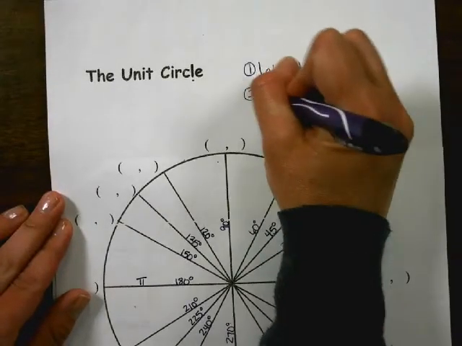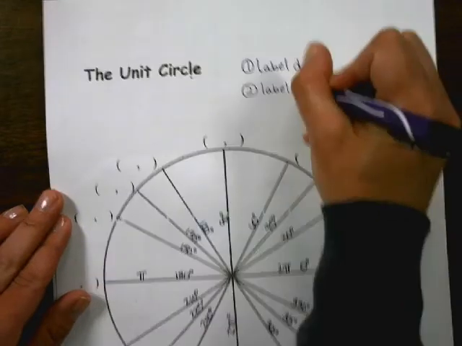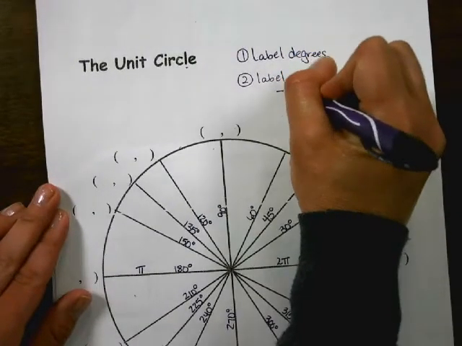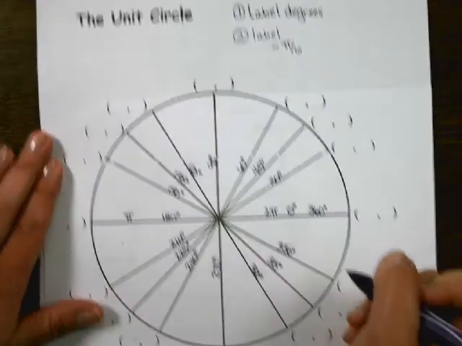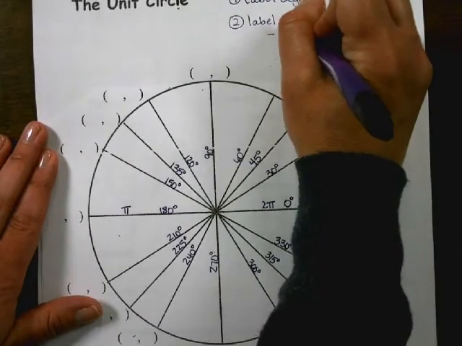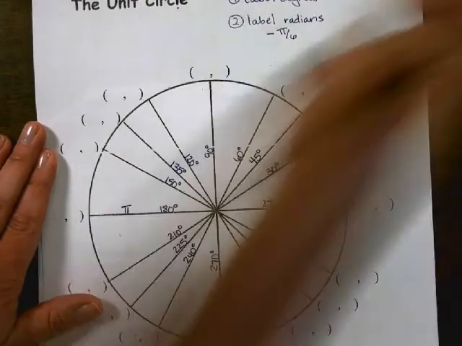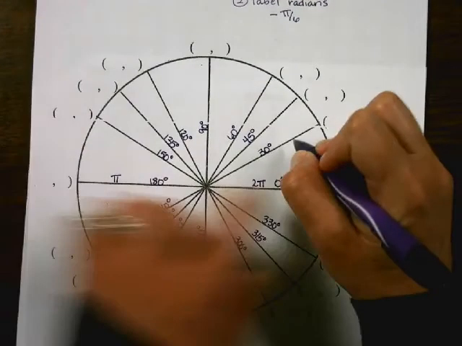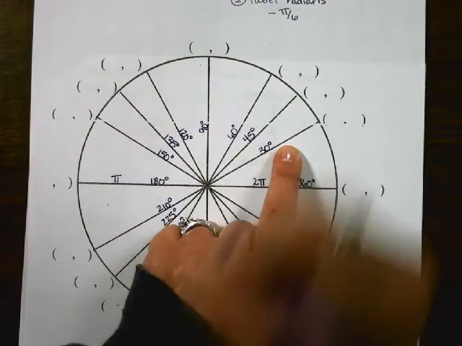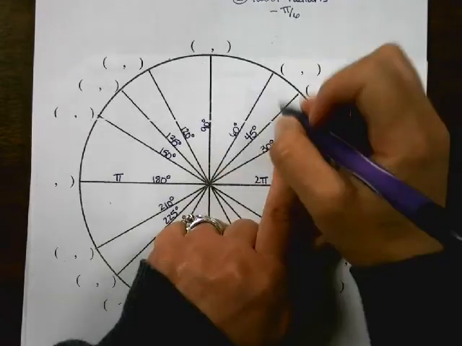So now we're going to label our radians. First, we're going to count by pi over 6. Again, just like the degrees, we're going to skip the 45. We are also going to get fractions, and when we do that, we must reduce them.